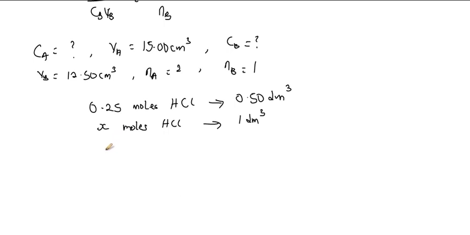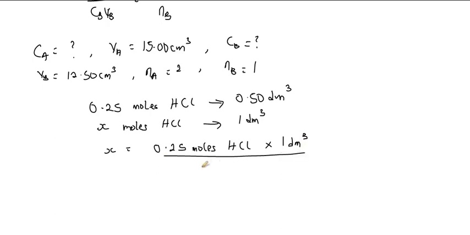Here x equals 0.25 moles HCl times 1 dm³ divided by 0.50 dm³.